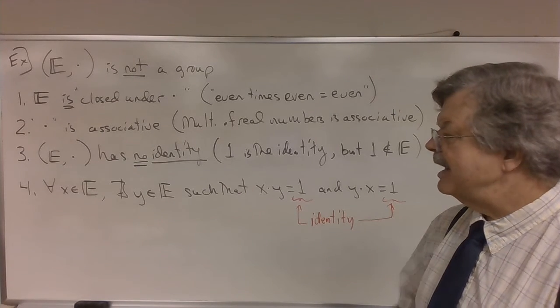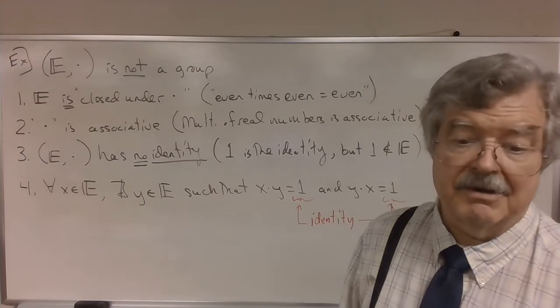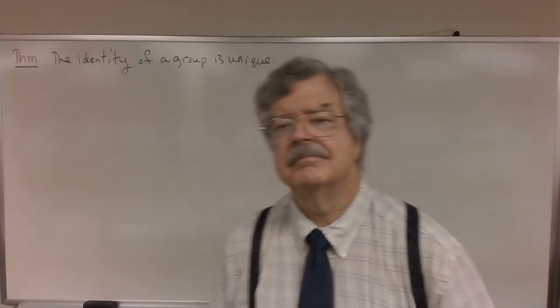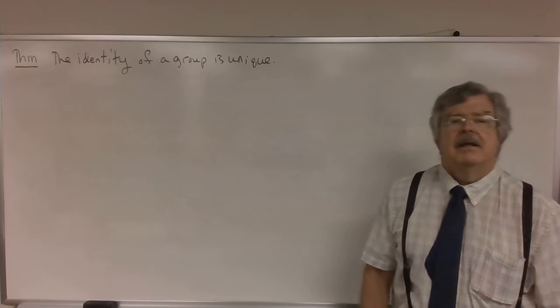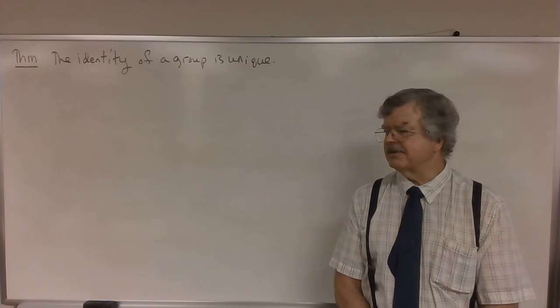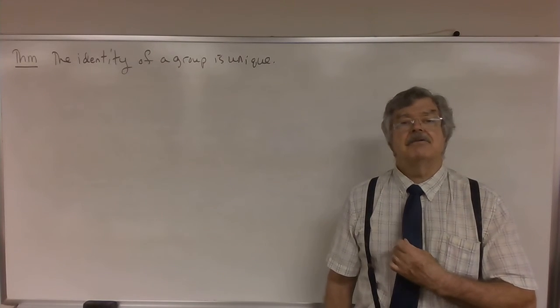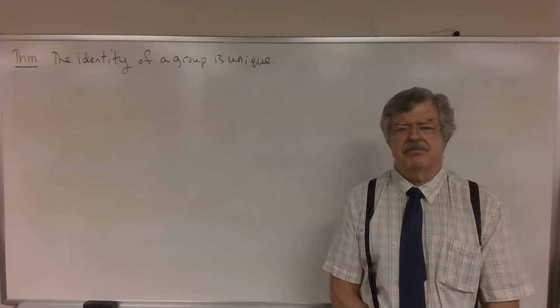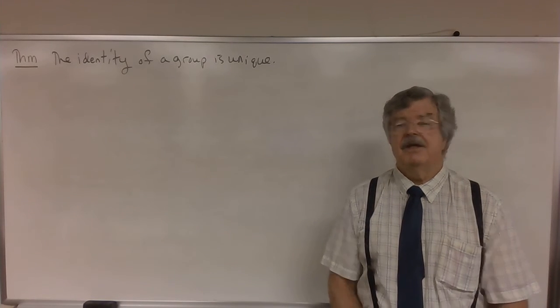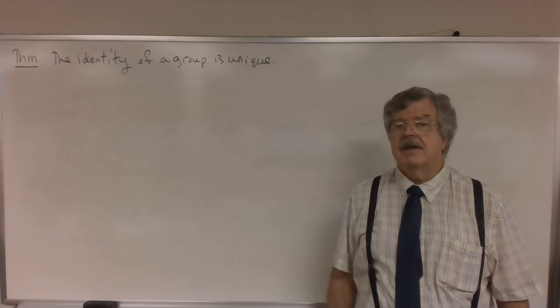Now let's make some observations about the identity and the inverses in a group. We're going to end this lecture with 2 classic theorems about groups. We want to pay attention to the proofs because these are important proofs to know how to do.